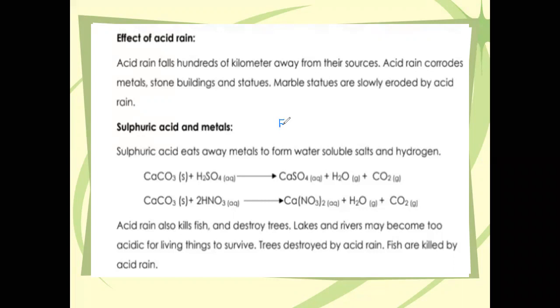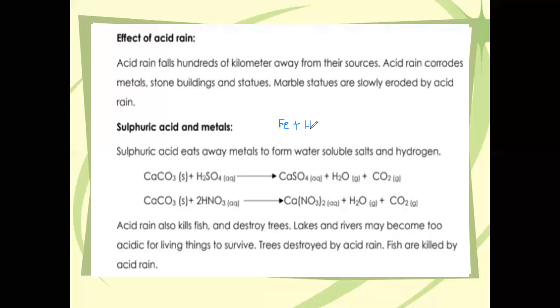So this iron reacts with acids, like with nitric acid or with sulfuric acid. So we can say iron is a metal. Bridges are made of iron. The buildings have iron over there. Mostly statues, etc., are also made of iron.